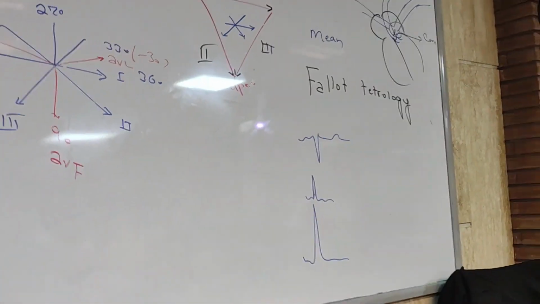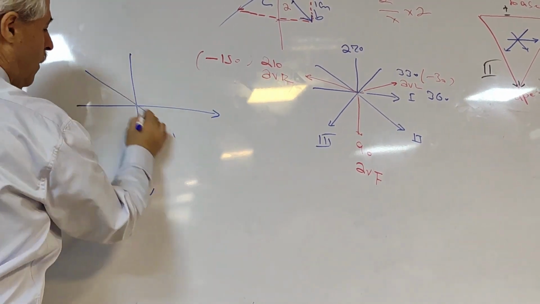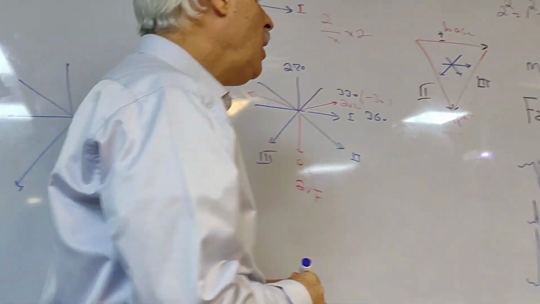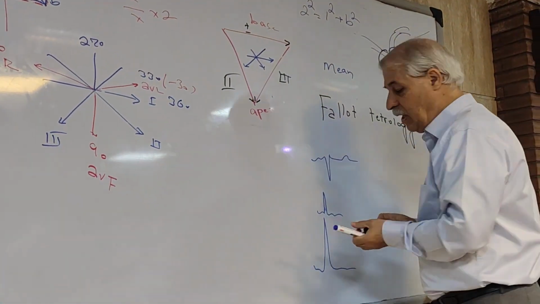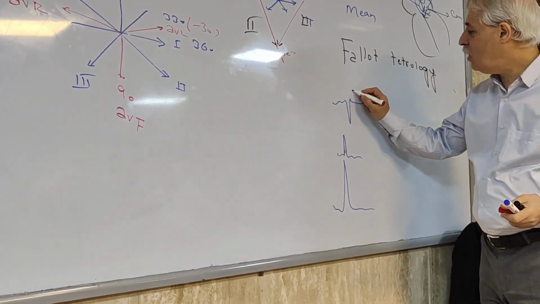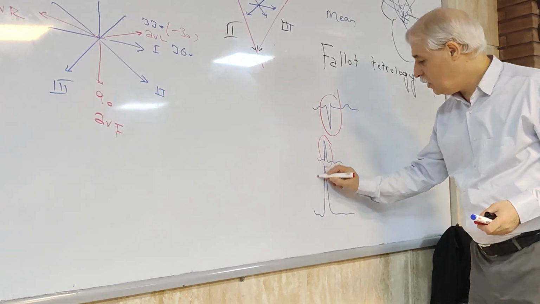In order to make the mean QRS vector, you should count on the QRS net potential. This is QRS in limb lead 1, 2, and 3.